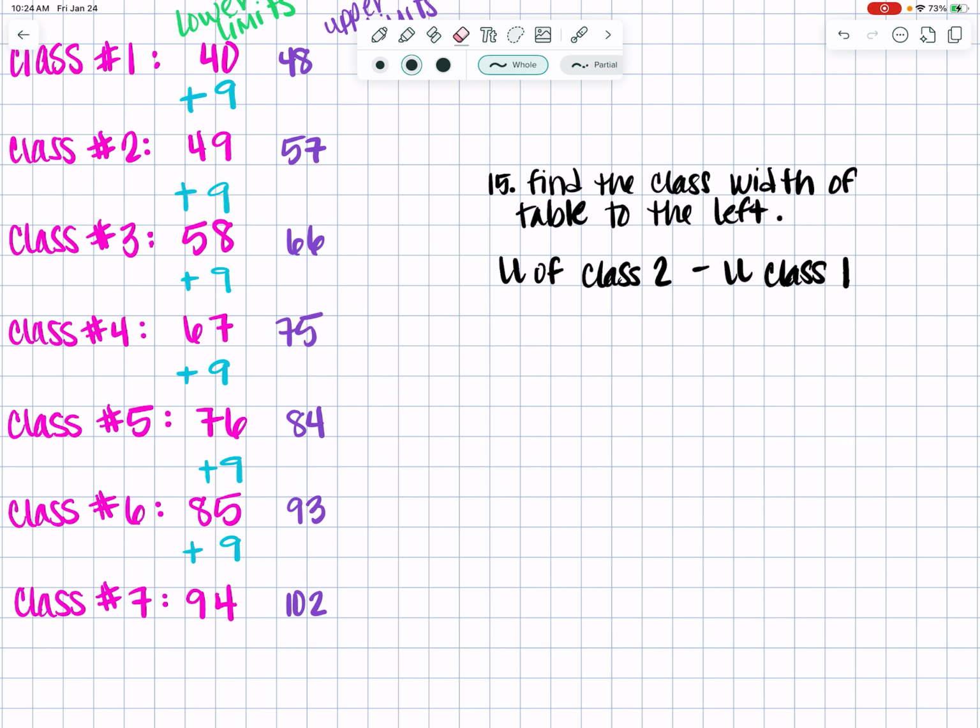So this would be 49 minus 40 gives me a class width of 9. So if you're confused about how those two formulas work together, hopefully this gives you a little bit better idea.